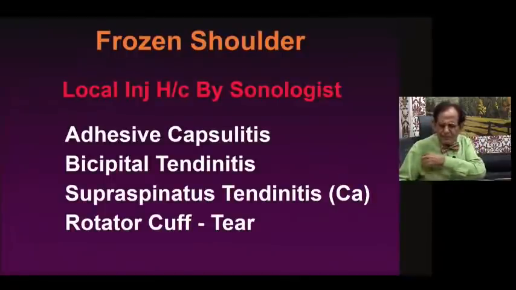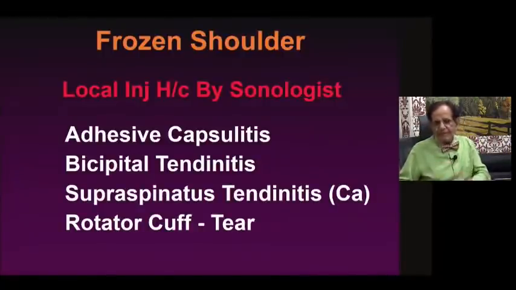They can all be seen beautifully under sonography. And if there is a tear, that patient needs operation, surgery. So wrong diagnosis. So the sonologist is very useful. He can pick up your wrong diagnosis, he can inject the other differential diagnosis conditions which act like frozen shoulder, and finally he can give a proper injection in this frozen shoulder.